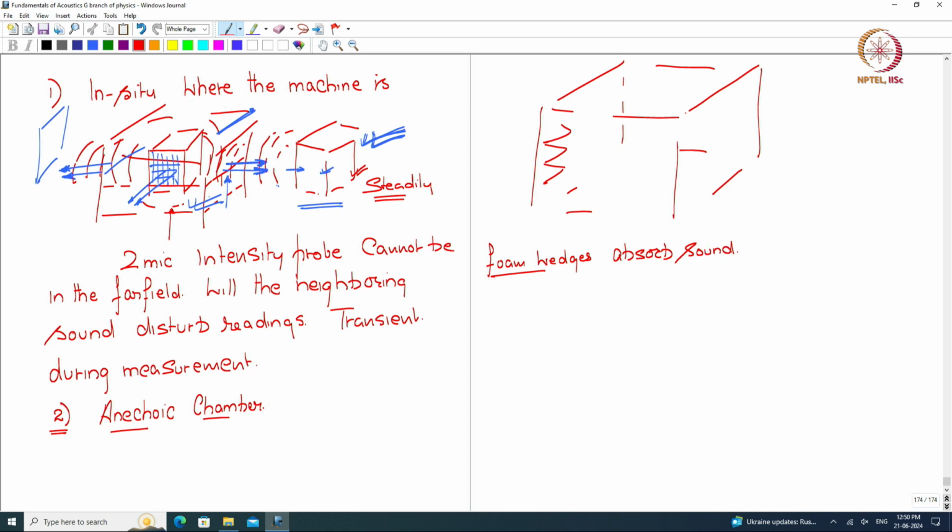Even the ground is isolated, the whole room is isolated.